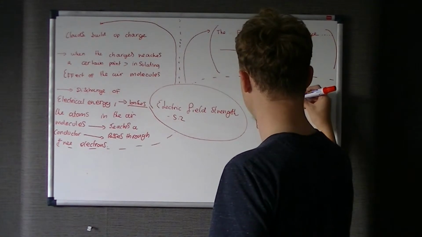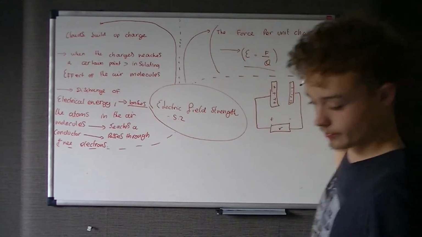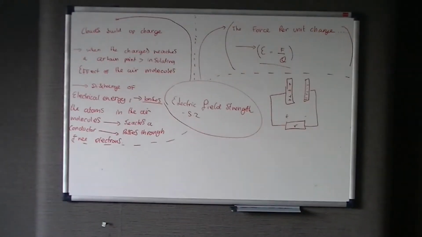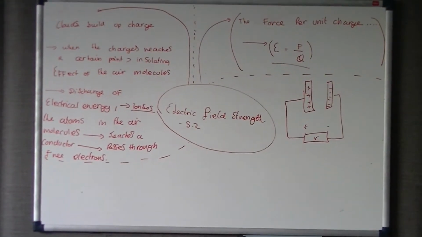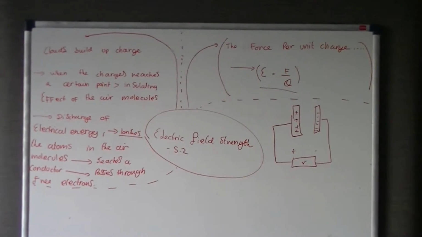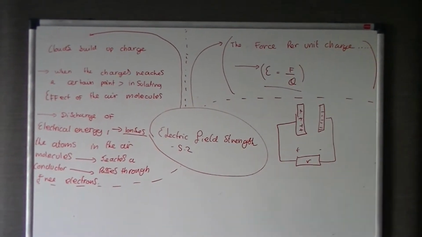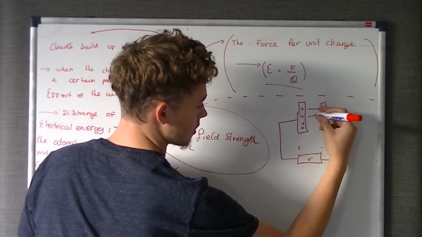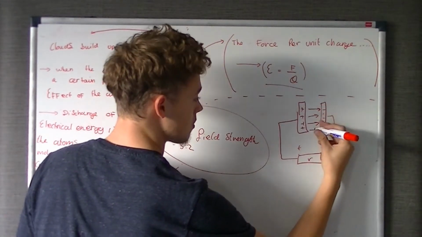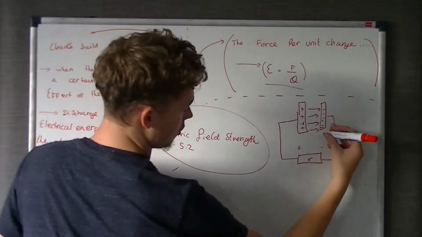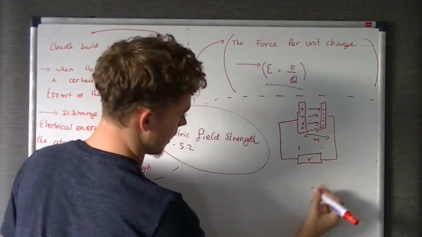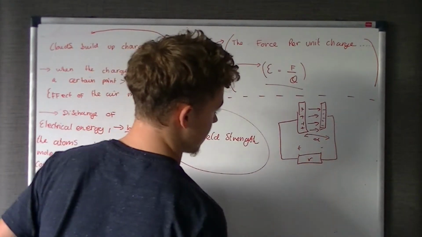I'll move out of the way in a second. I'll just see if you can still see that. And then what we've got there is all the positives moving across like this, positive to negative. And we'll call this distance between these two plates D. Okay, and we've got positive, negative here, we've got potential difference.